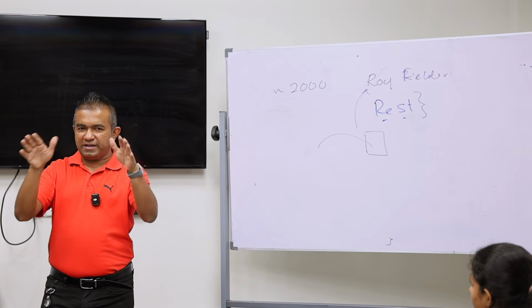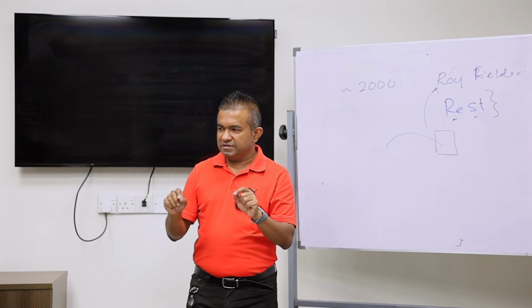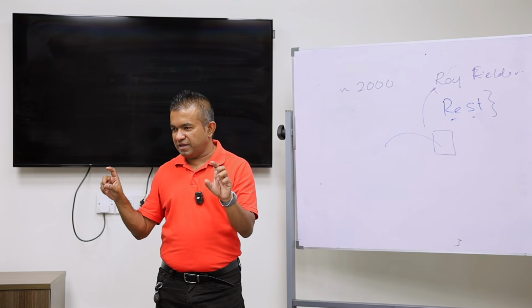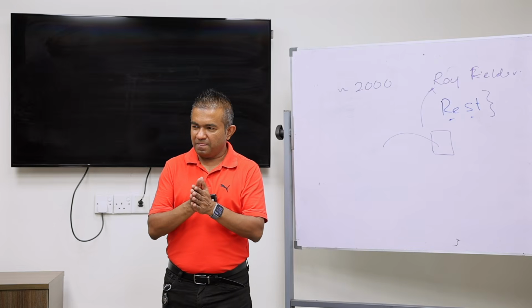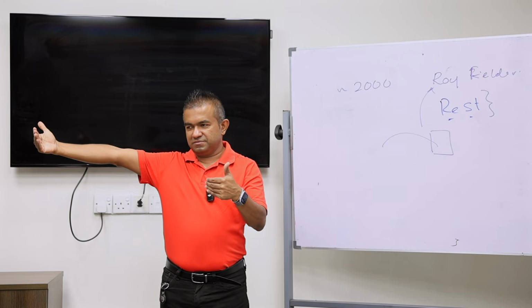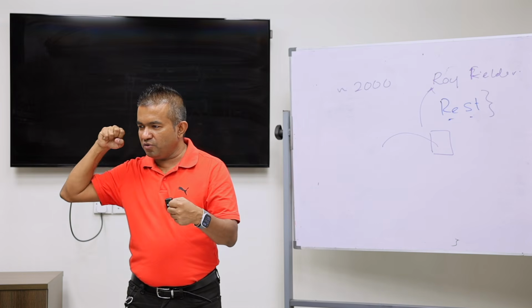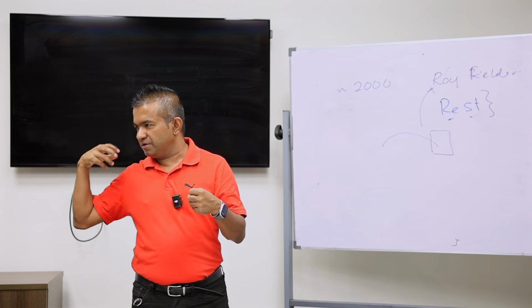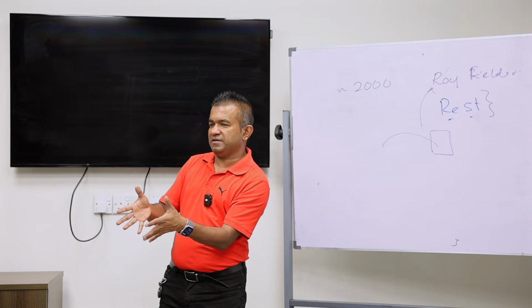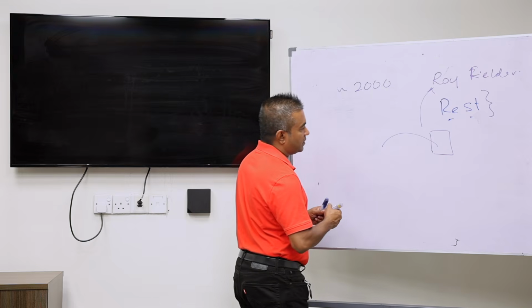You define it has to be put in a box, and the box has to be sealed, with "handle with care" or something like that written on it. And then you can define the transport, whether you take this through a motorbike, a three-wheeler, a van, or a car, you can define how you transport. REST has that feature.